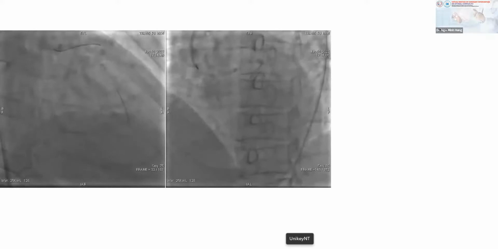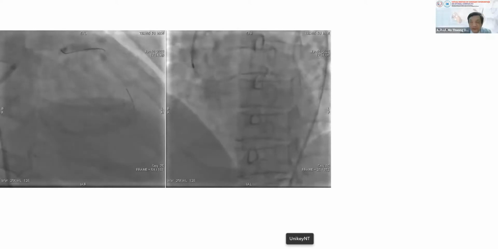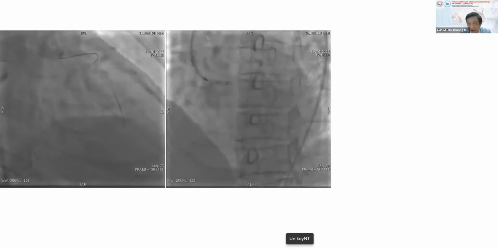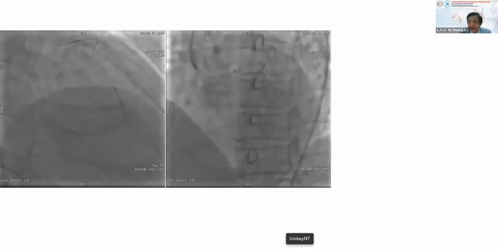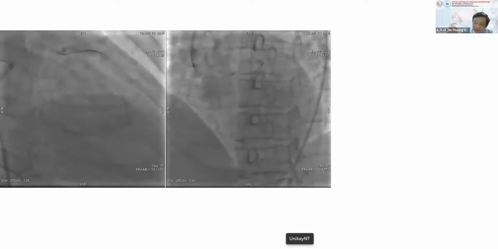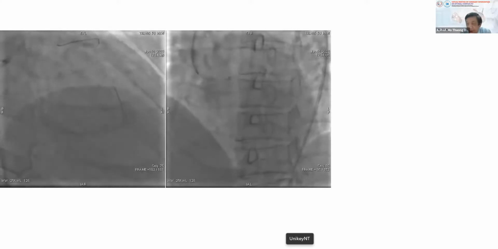It gets stuck. Is this the position of the RotaWire in the distal part of the mid segment? And we tried to do rotablation with the smallest burr, the 1.75. But I didn't have a microcatheter suitable for the burr.